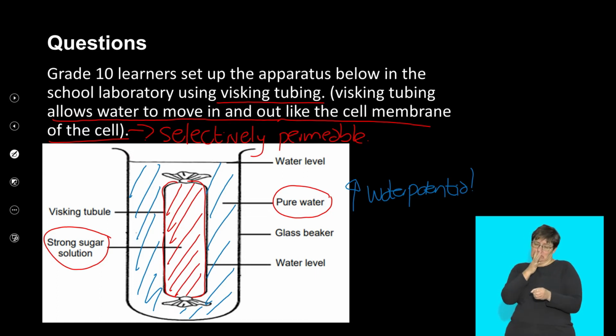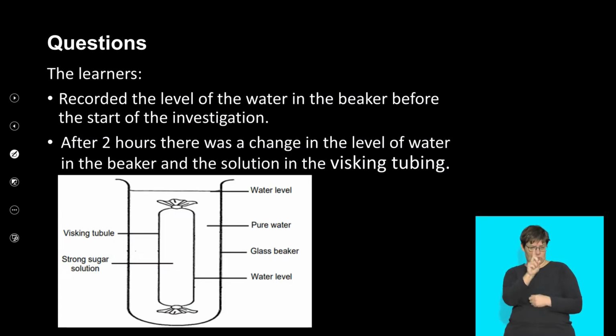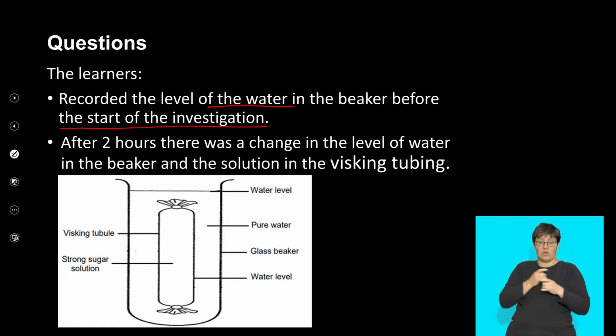So what question are they going to ask me? Okay? So they're still carrying on with how they set it up. The learners recorded the level of the water in the beaker before the start of the investigation. Right, so that's telling me that the water level is going to be important.